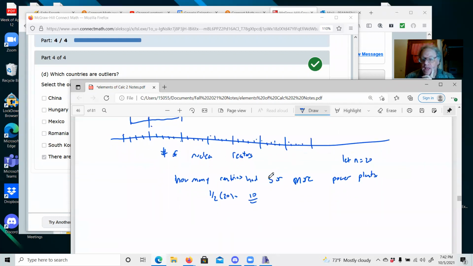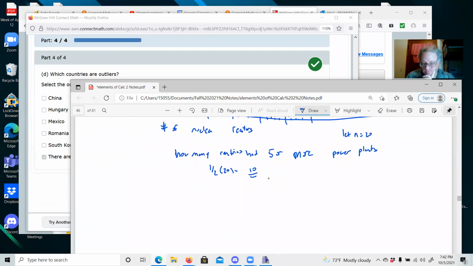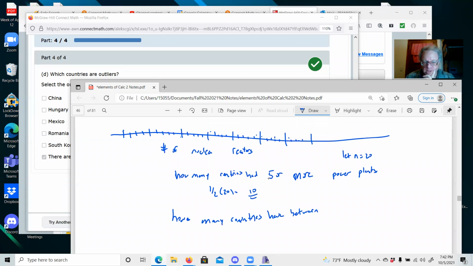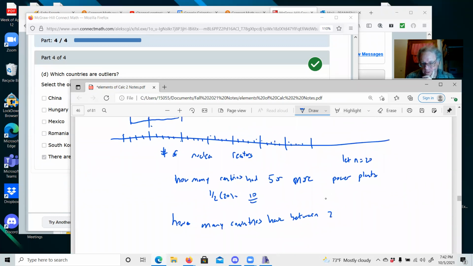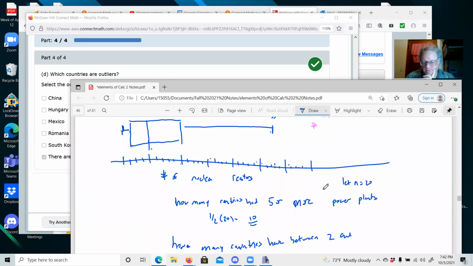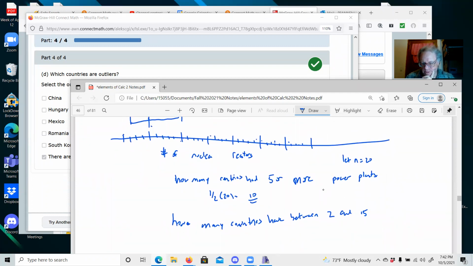How many countries have between 2 and, we'll say, 15, inclusive? I'm using the word inclusive because I want to include it, but you can assume that between already means inclusive.